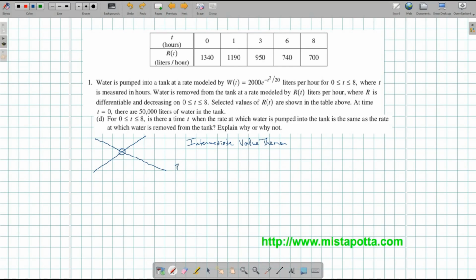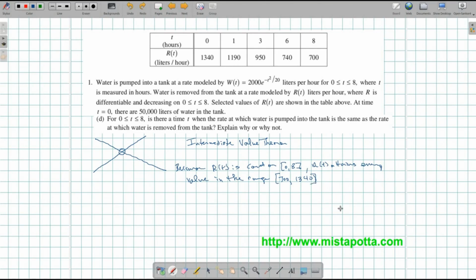So the thing is, because r of t is continuous on the interval from 0 to 8, r of t attains every value in the range from 700 to 1340.